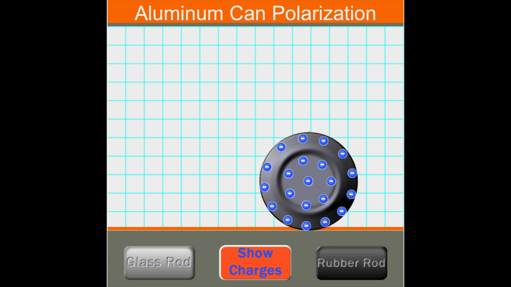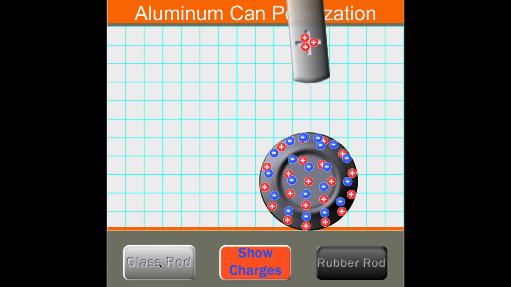But let's watch what happens when I bring in a charged object in the form of a glass rod, which is going to have a positive charge on it.